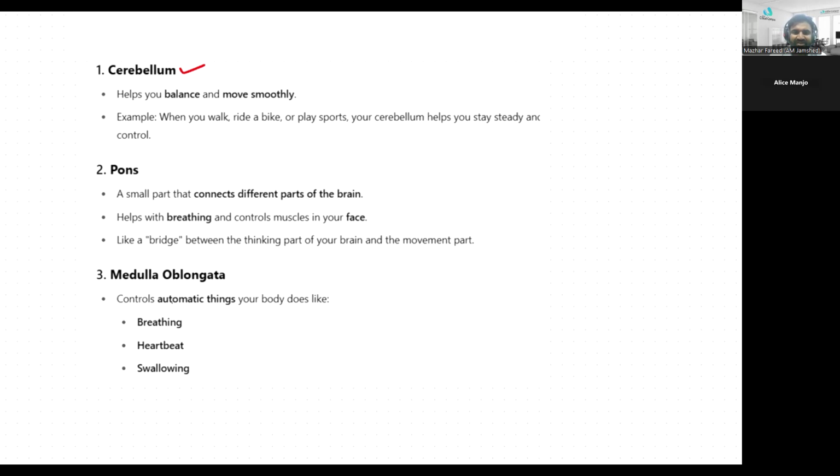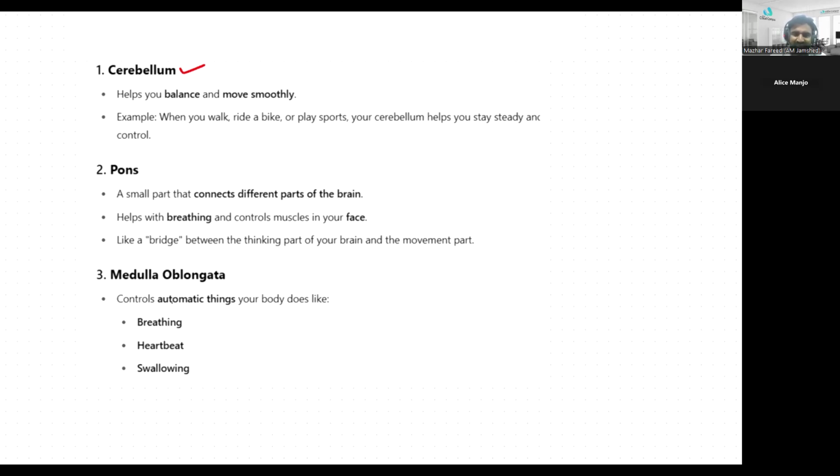When you smile, the pons becomes active to control the muscles of the face. The pons acts like a bridge between the thinking part of your brain and the movement part, so it helps coordinate the body with different parts of the body. It plays a very important role in controlling all portions of the body.